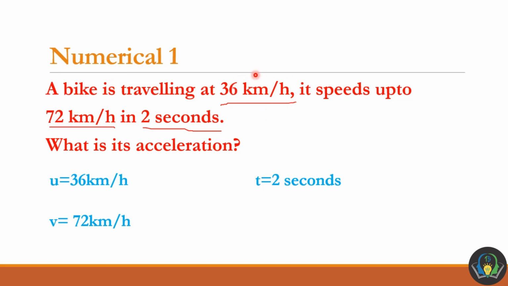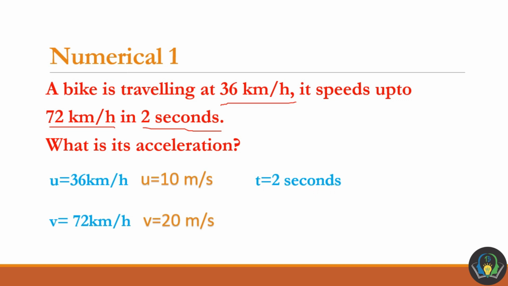This is in kilometer per hour, and this also is in kilometer per hour. Since meter per second is the standard unit, we need to convert it into meter per second. So when we convert u into meter per second, we get 10 meter per second. And v equals 72 km per hour converted into meter per second will be 20. Time is already in the standard units, so no need to convert it.